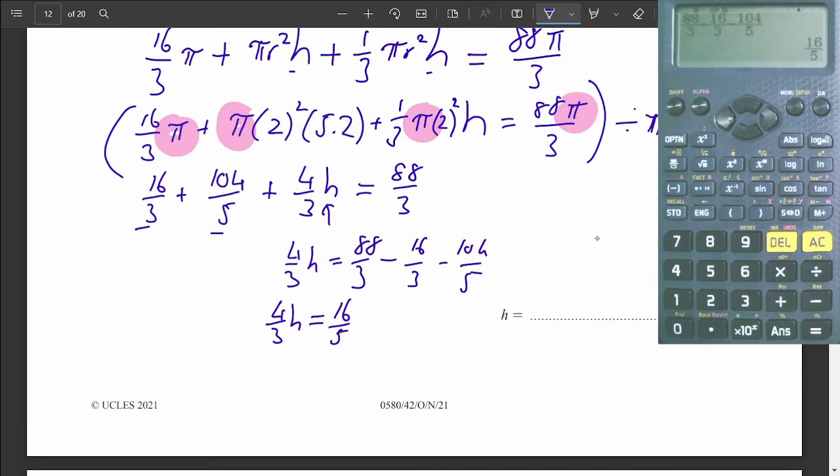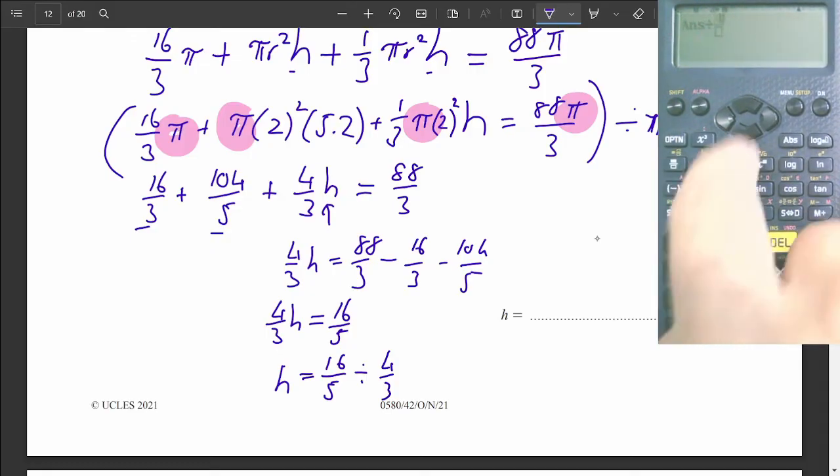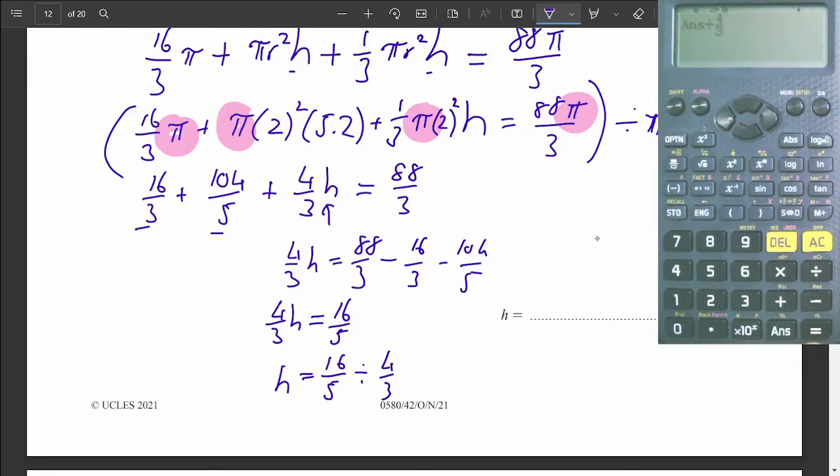Next would be, well, there's different ways to do this. We can just divide that. Yeah, let's do that. It's 4 over 3 times h. So we can do 16 over 5 divided by 4 over 3. And we get an answer. h equals 12 over 5, which gives us 2.4. And we've done it.